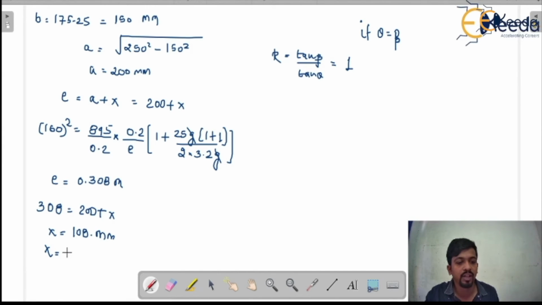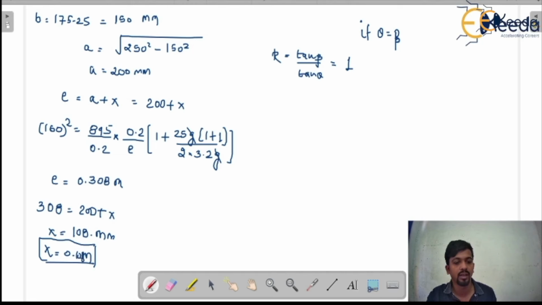This is the length of the extension of the lower link. So the first part answer is 0.108, or you can write 108.